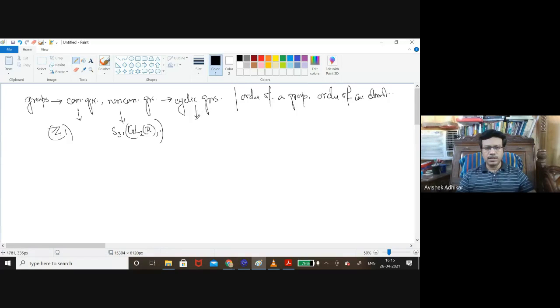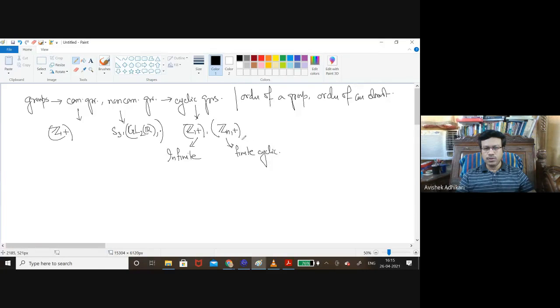On the other hand, we have discussed cyclic groups, out of which Z plus is a cyclic group. And for the finite case, we had heard about addition modulo n for some positive integer n. This group is also a cyclic group. So this is an example of an infinite cyclic group, and this is an example of a finite cyclic group.